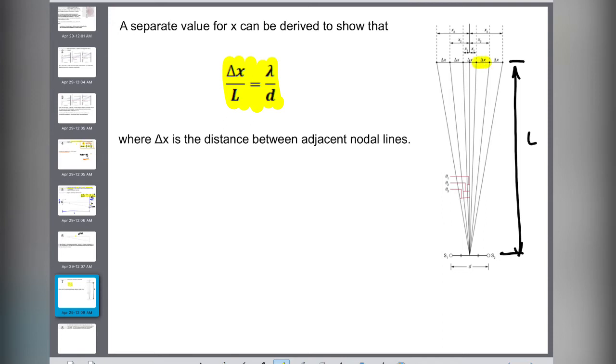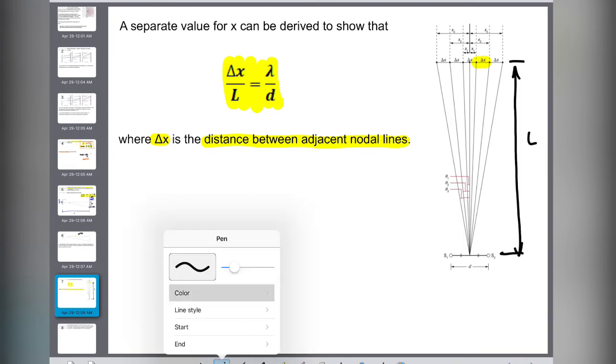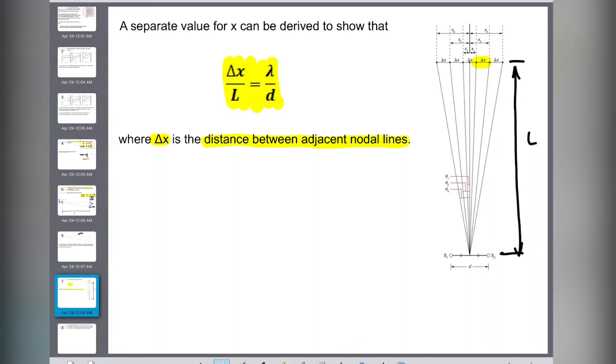Delta x is the distance between adjacent nodal lines. Notice your x1, this is something else I need you to pay attention to: your x1 is from the center to the first nodal line, your x2 is from the center to the second nodal line, and x3 is so on and so forth.